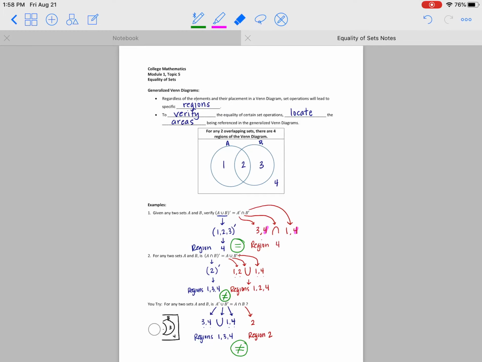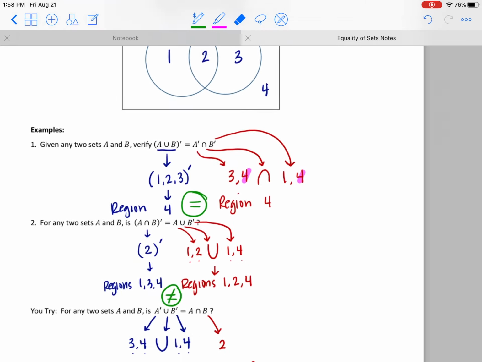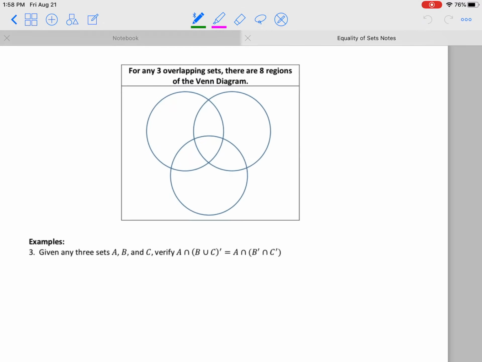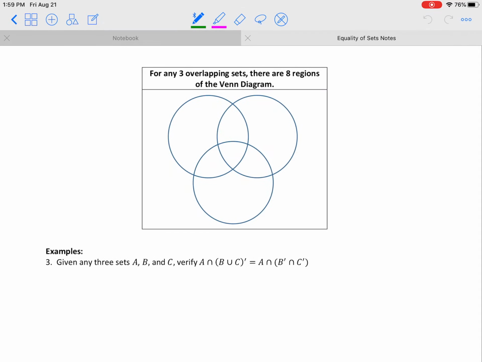Now, the next few, we're doing the same thing, but it's going to be more complicated because now we're going to be looking at 3 overlapping sets. Same process, we just got to be really careful with our work.